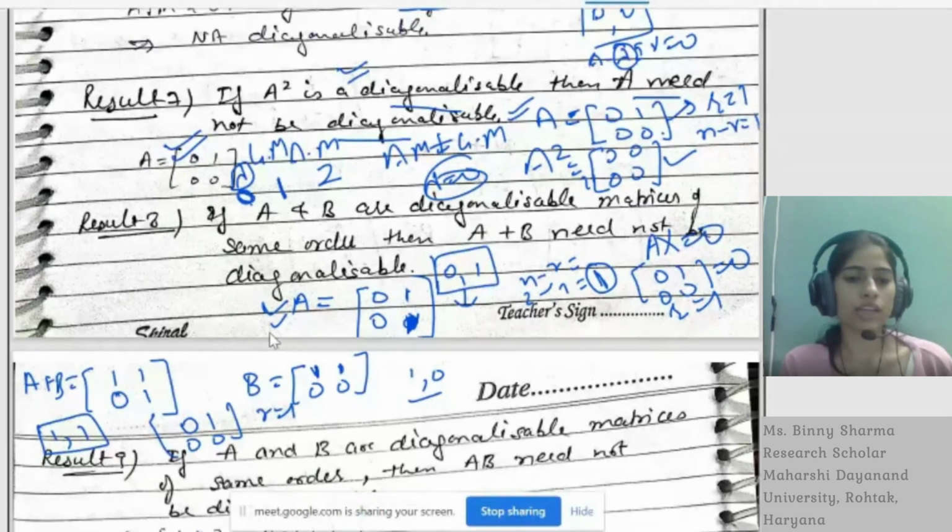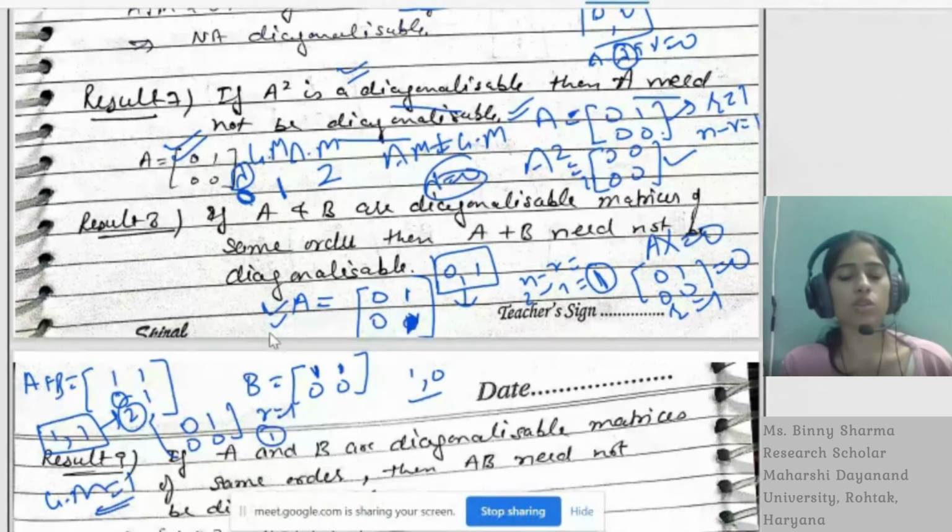Its rank is 1 and nullity is also 1. So AM is 2, but geometric multiplicity is 1. So AM is not equal to GM. So we have found matrices A and B which are both diagonalizable, but A plus B need not be diagonalizable.